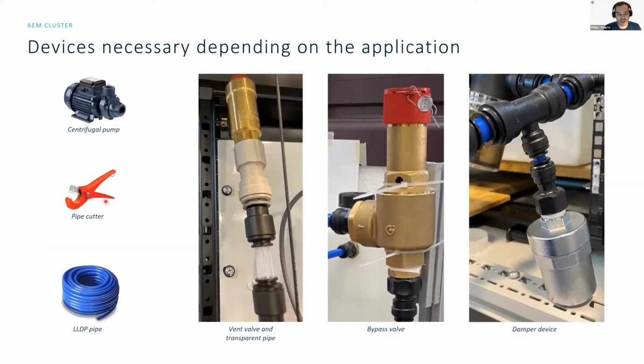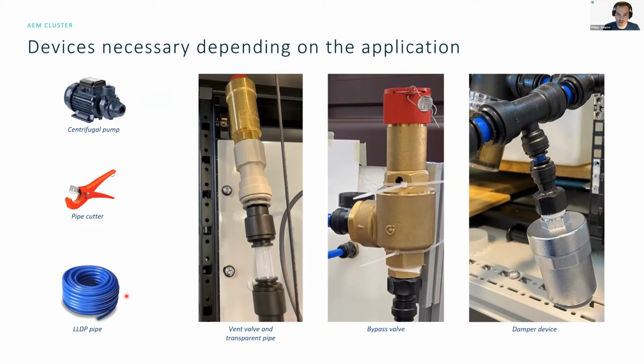So what additional devices do you need when you want to set up your cooling cycle? You need a pump, at least one. I will show you in the next slide that 2 are even better. You need a pipe cutter. You need some LLDP pipes or other pipes which are compatible.